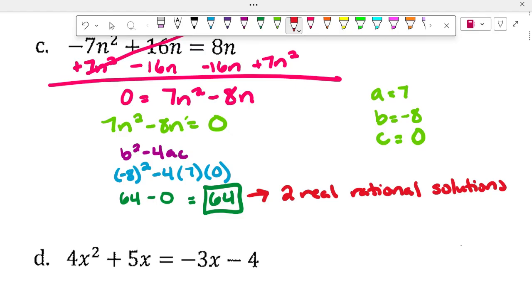This one, you can solve by factoring if we wanted to, because we will end up getting rational solutions. So that's another way you can figure out if factoring is even worth your time. Just take the discriminant real quick. If that discriminant's a perfect square, then yes, you can factor it. Does that make sense?